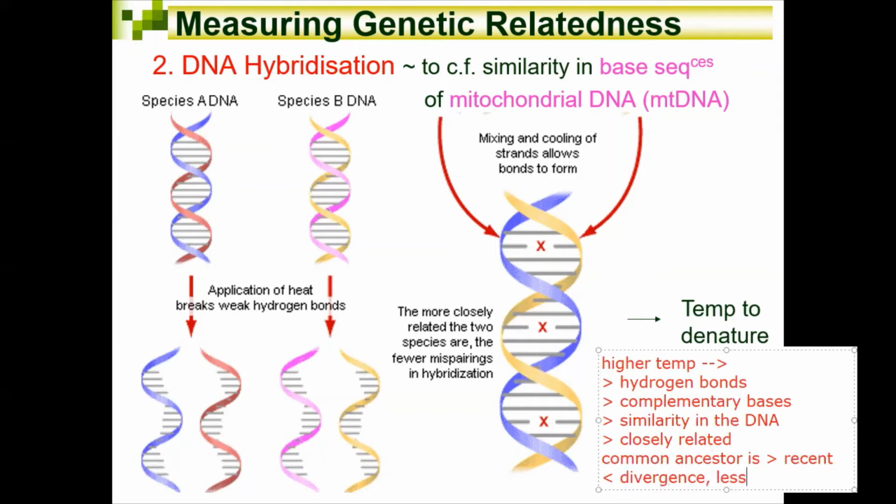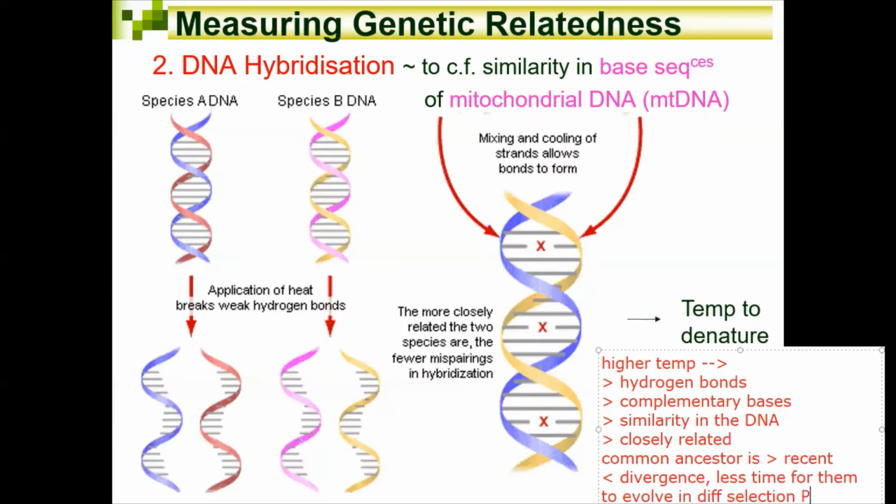Less time for them to evolve in different selection pressure. Correct? Less time for them to evolve in different selection pressure. Can you understand all this? This is how we find out whether the two species are closely related or not. Okay.